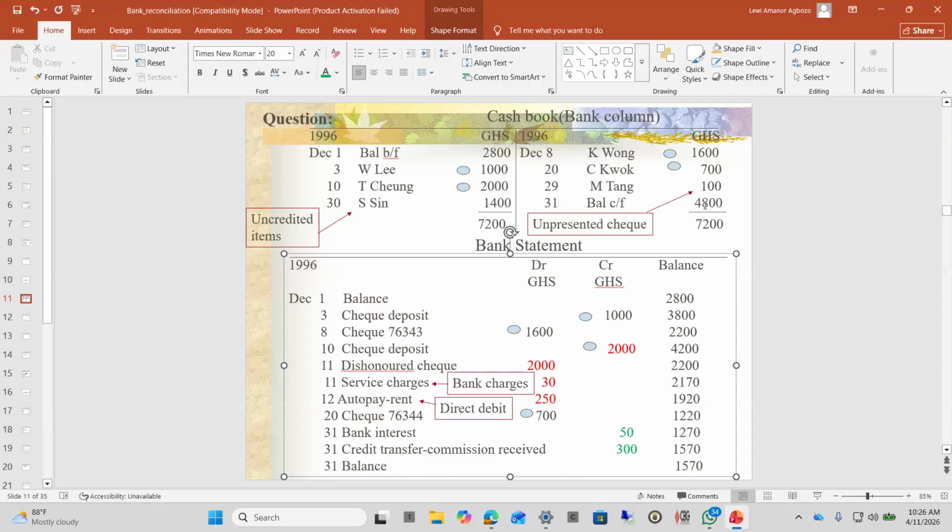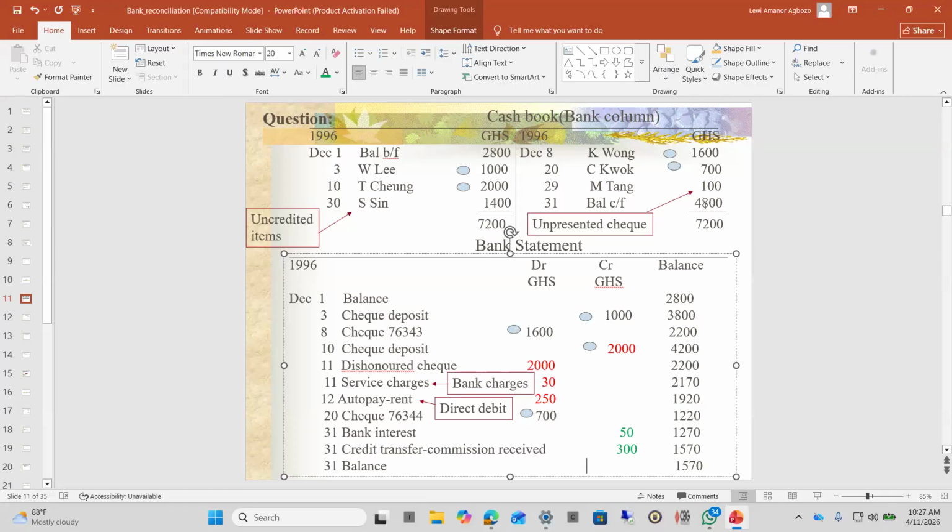Yes. So, how do you reconcile this account? We had two methods, and the one we want to look at is where you do the correction to the cash book before you do the reconciliation. So right now, what are the corrections we have to do to the cash book?